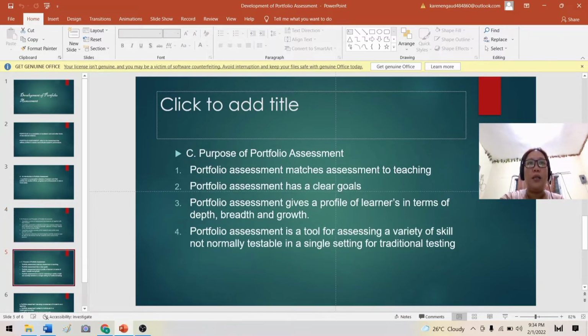Okay. Next is the purpose of portfolio assessment. Portfolio assessment matches assessment to teaching. Purpose of portfolio assessment.